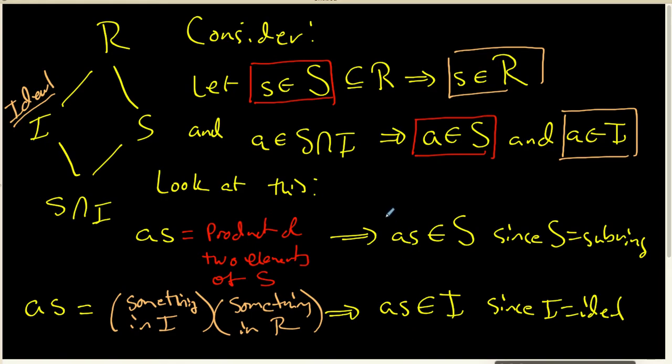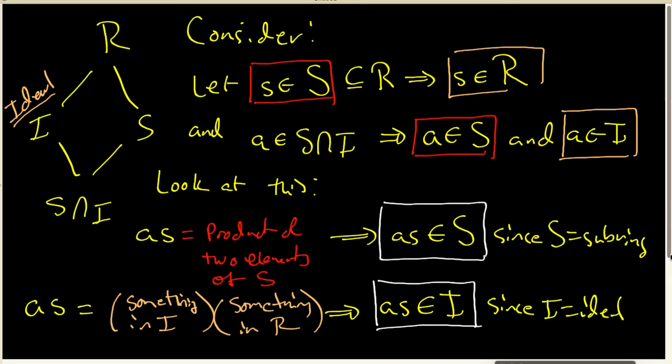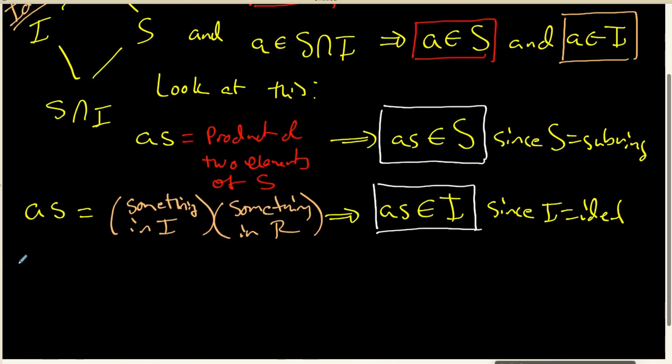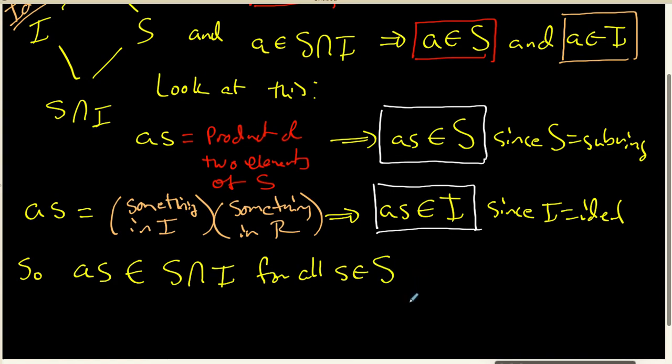And if I think about this statement here, and this statement here, those two statements together say that we have as belongs to S intersect I, and that this is true for all little s inside the subring S, and all little a inside the intersection of S and I.